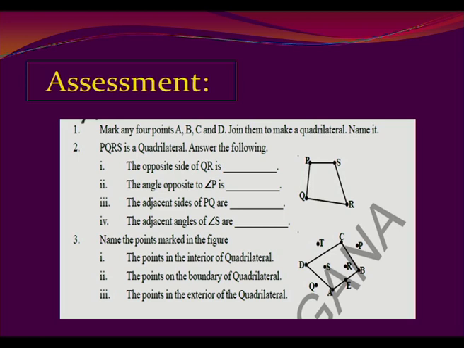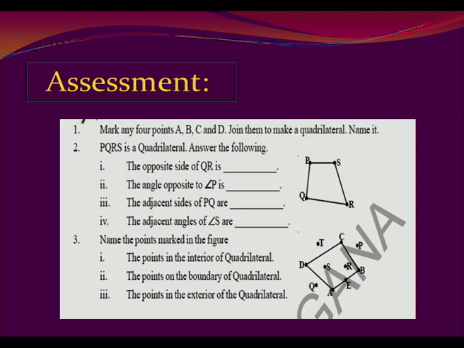Mark any 4 points A, B, C, D on your sheet of paper, join them to make a quadrilateral, and name it PQRS. PQRS is a quadrilateral, answer the following. Okay. First, you draw your own quadrilateral and name it, then you see the figure and answer the questions.